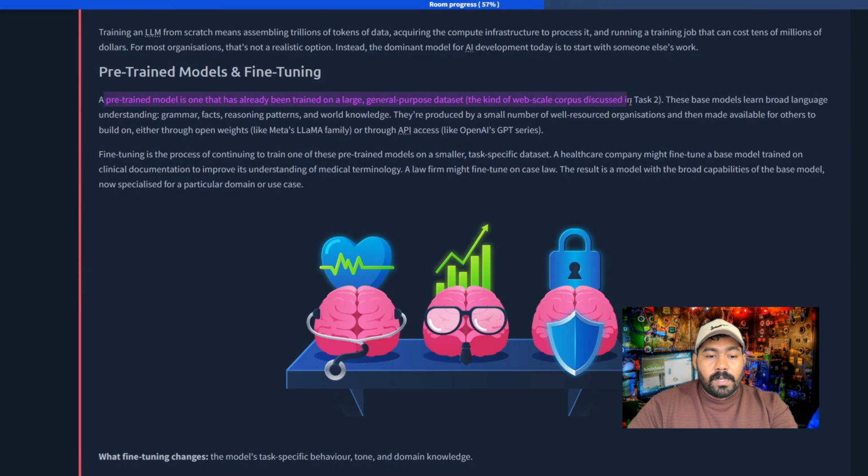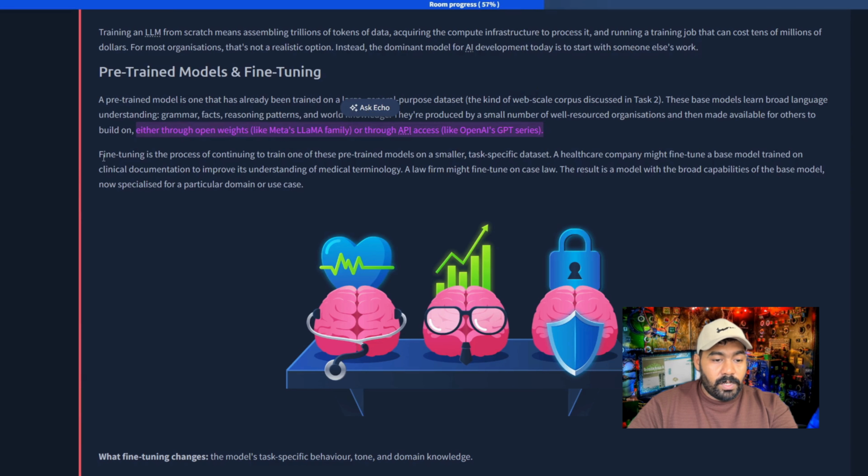These base models learn broad language understanding: grammar, facts, reasoning patterns, and world knowledge. They are produced by a small number of well-resourced organizations and then made available for others to build on, either through open weights like Meta's Llama family or through API access like OpenAI's GPT series.